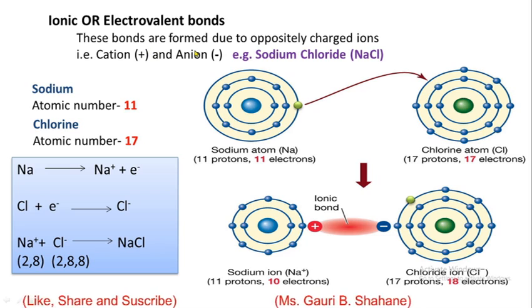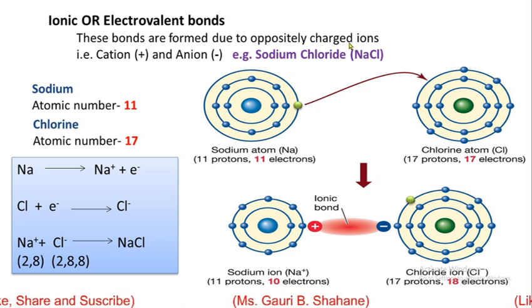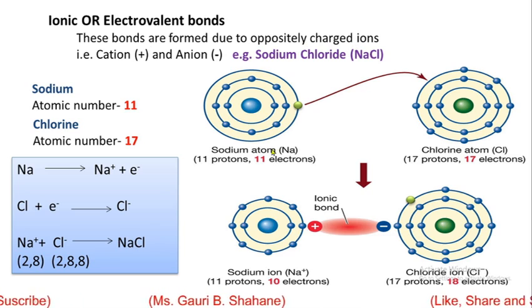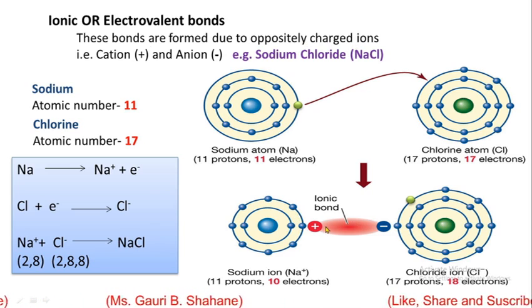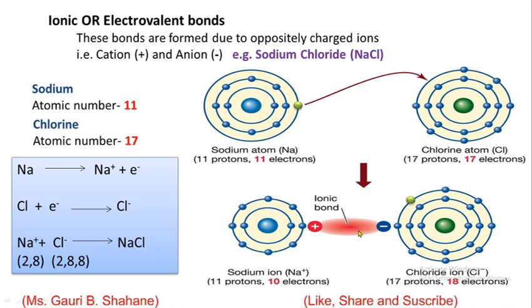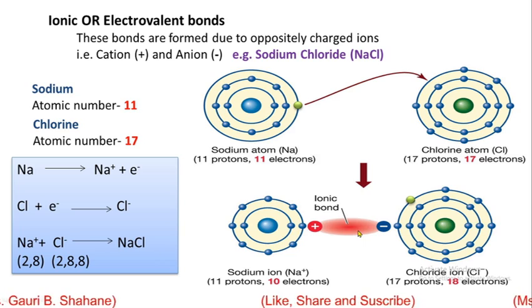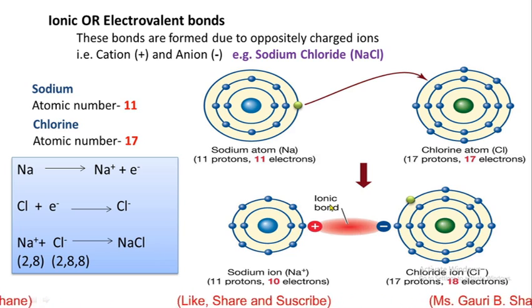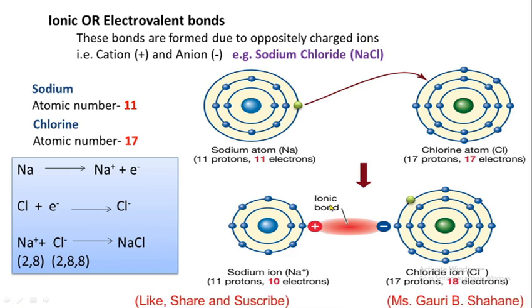These bonds are formed due to oppositely charged ions. And yes, at the end we have two oppositely charged ions. And the force of attraction between these two ions, and the bond formed due to this force of attraction, is called ionic bond or electrovalent bond.